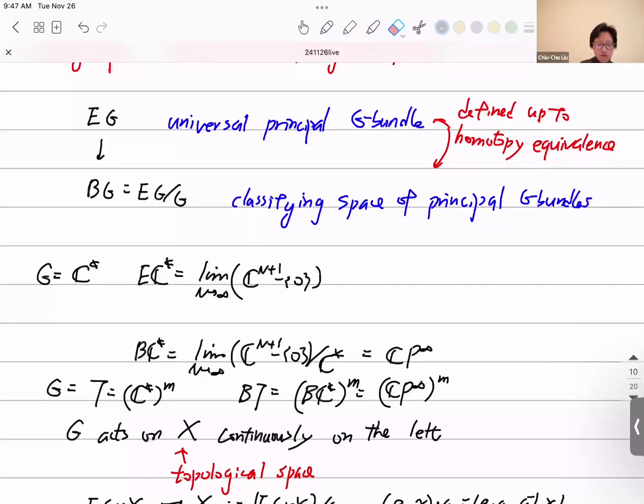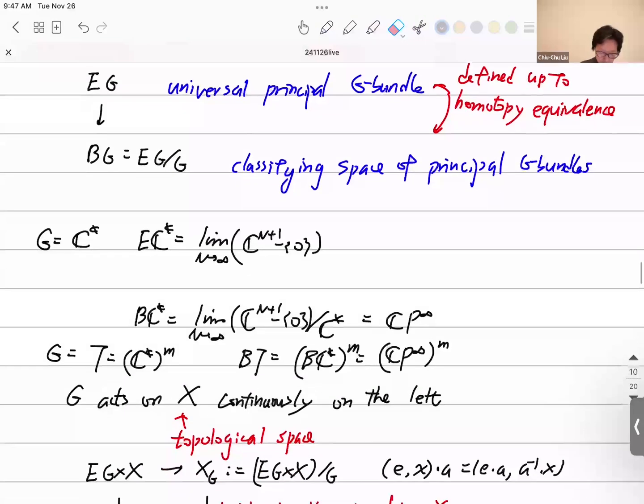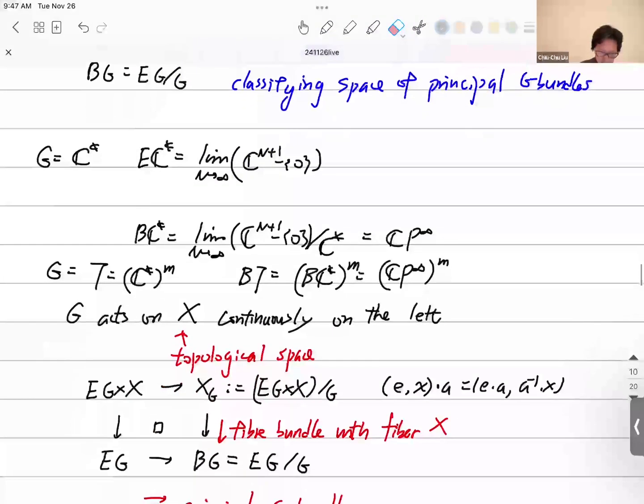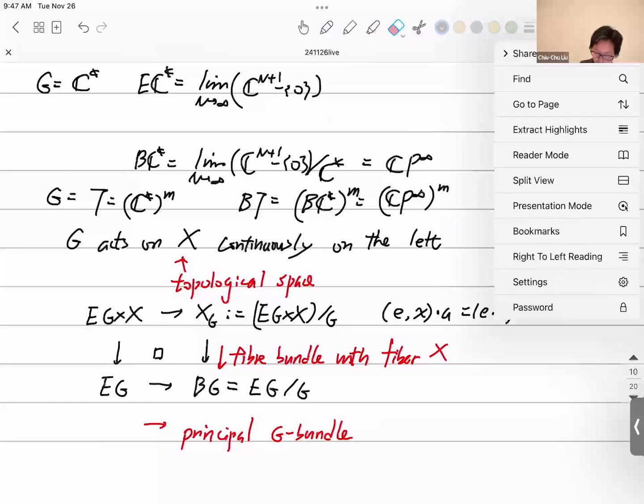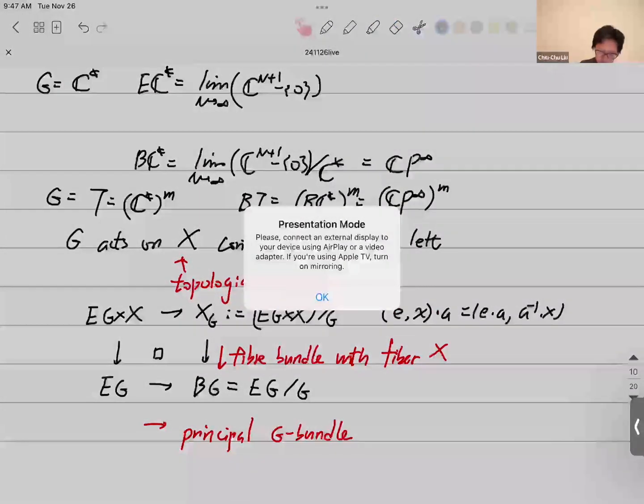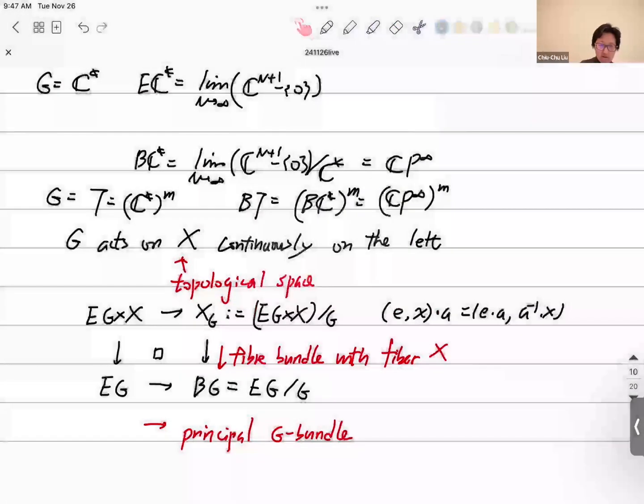Actually, we will mostly just consider this case. But now let's go back to a more general setting.